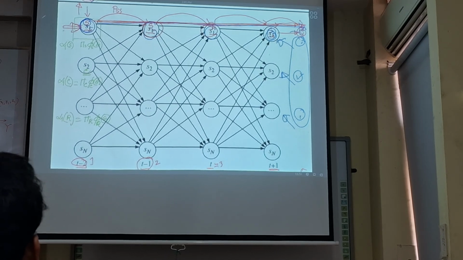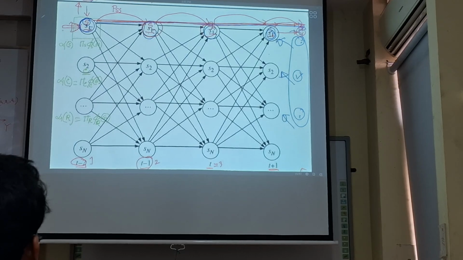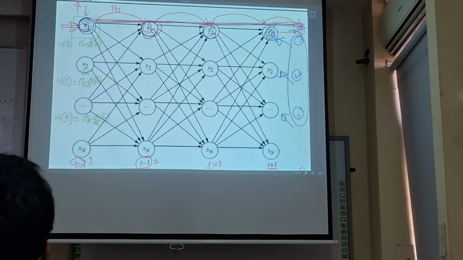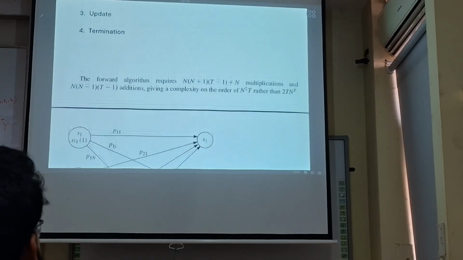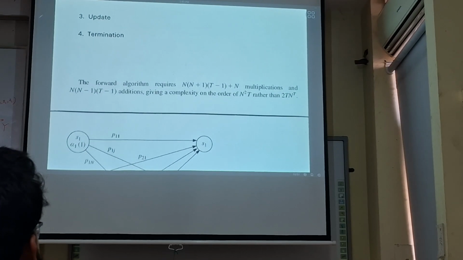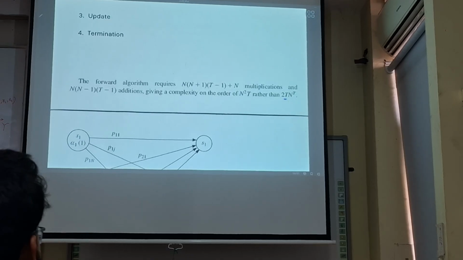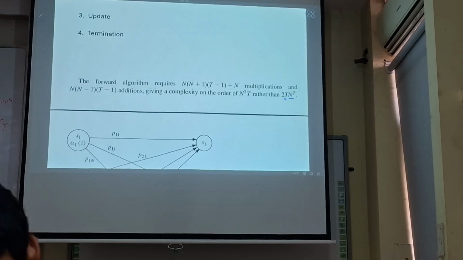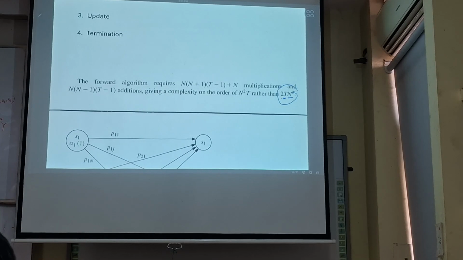If you want to, you can calculate using the brute force method. You can segregate each of the paths and then calculate the probabilities. For example, for this algorithm, if there are n states and t steps, that means you measure 1 up to t, then the complexity will be 2 times t times n to the power t.